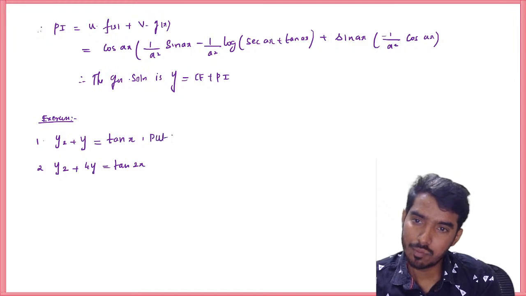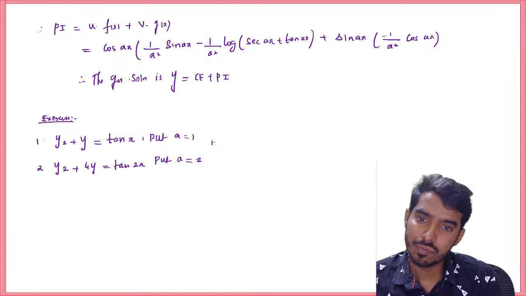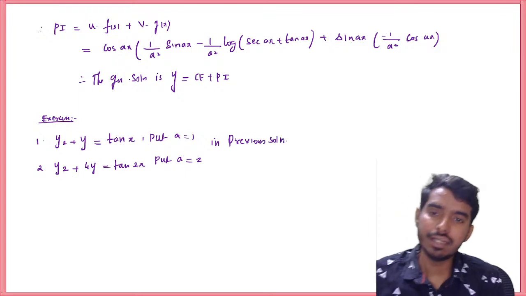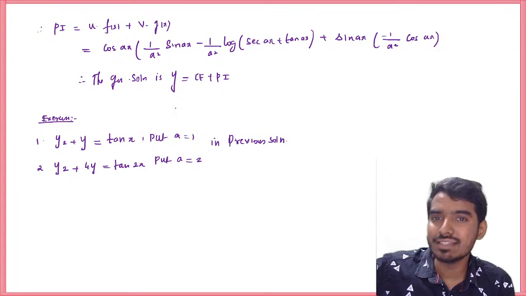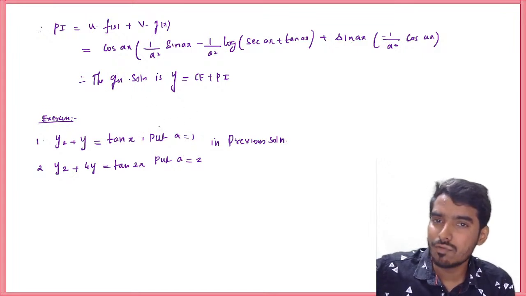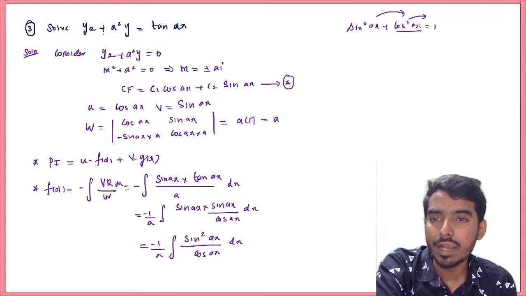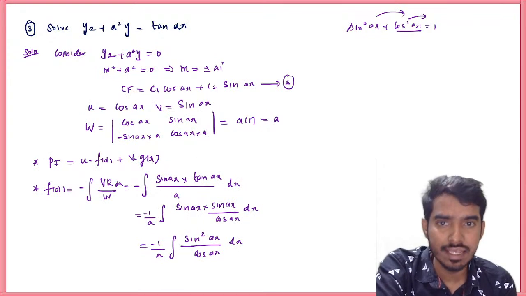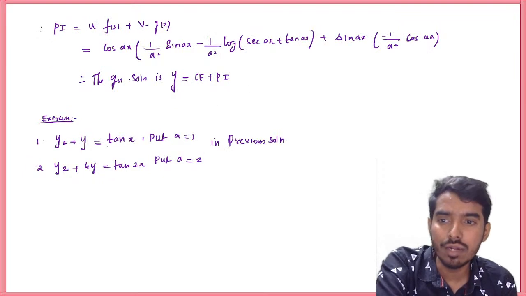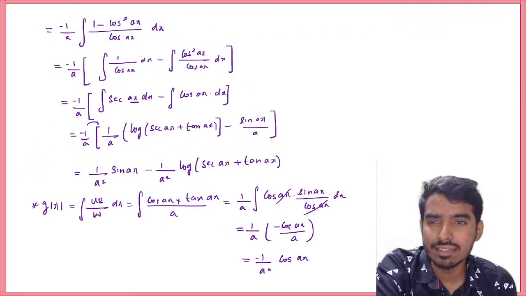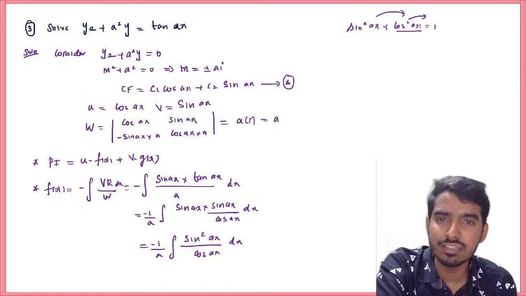So here put a is equal to 1, put a is equal to 2 in the previous solution to find the answer. In the example, this question was asked. You can either say in general, first we will find the solution for d2y plus a square y is equal to tan ax, so solve this problem. In the above solution, you put a is equal to 1 to get the required problem. Or you can also directly solve this by putting a is equal to 1, right?